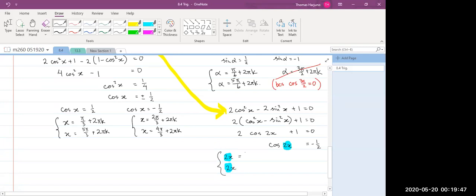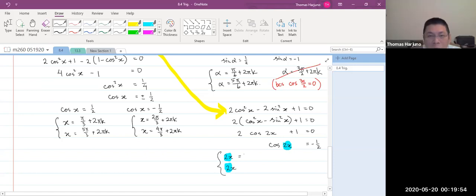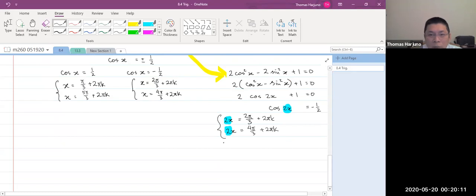Pi over 6. No. That's the -1/2, so it must be quadrant 2, 2 pi over 3, and 4 pi over 3. Now don't forget, I need to add 2 pi k, right? After that, divide by 2.